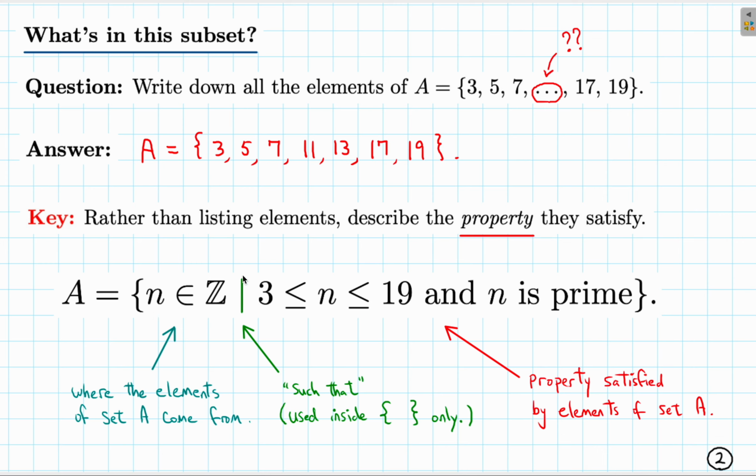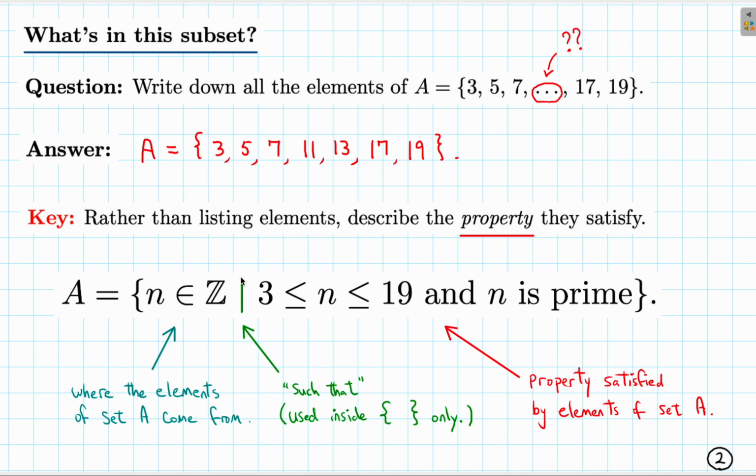And then we have this vertical line that reads "such that", and please be careful, this notation "such that" as a vertical line is used inside the set notation only. And so if you're writing a proof and you want to write "such that", please write out the phrase "such that" rather than using a vertical line.